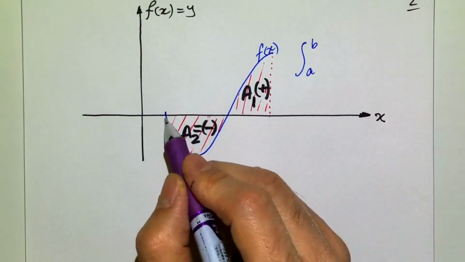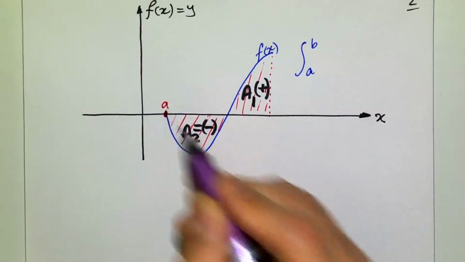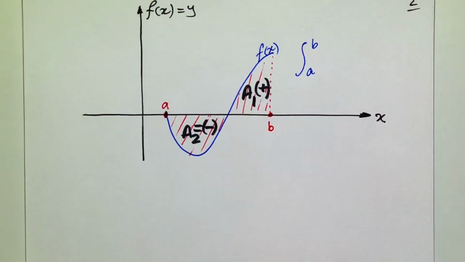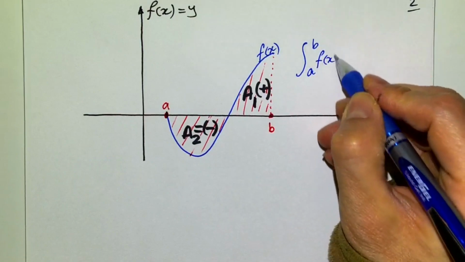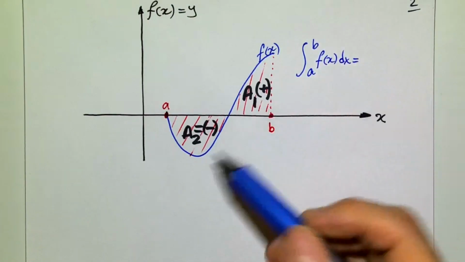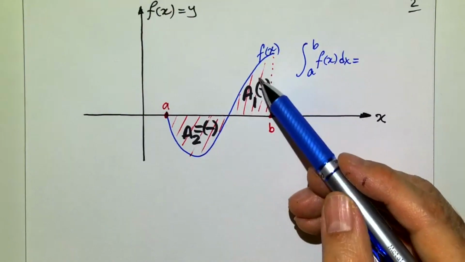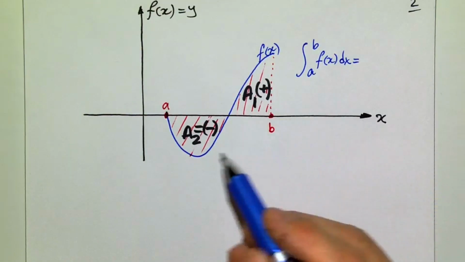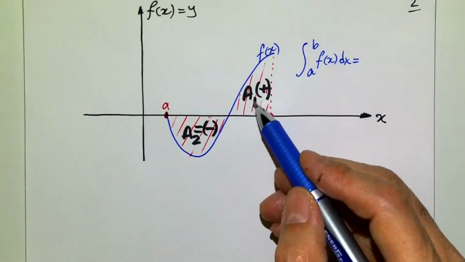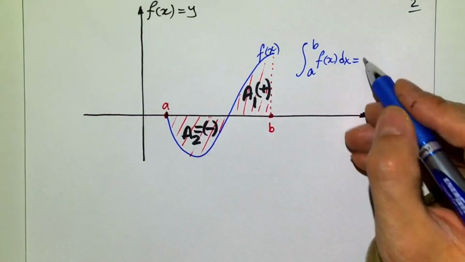A is the lowest limit, which would be here, and b would be here, the lower and upper limits of the definite integral. Then f of x dx is simply the net area between the curve and the x-axis, so it would be A1 plus A2.